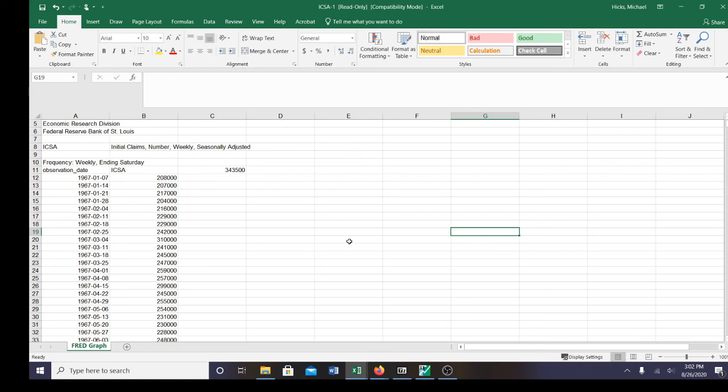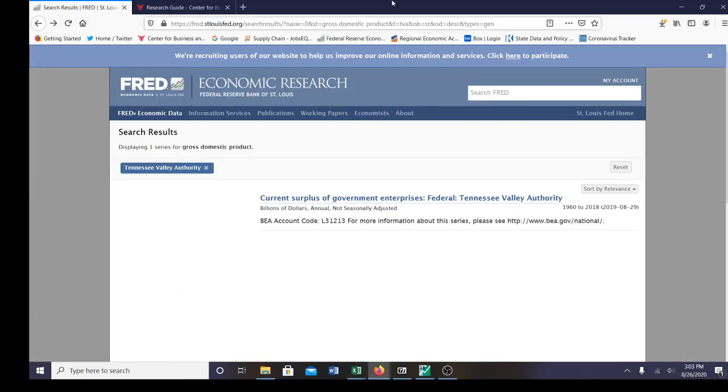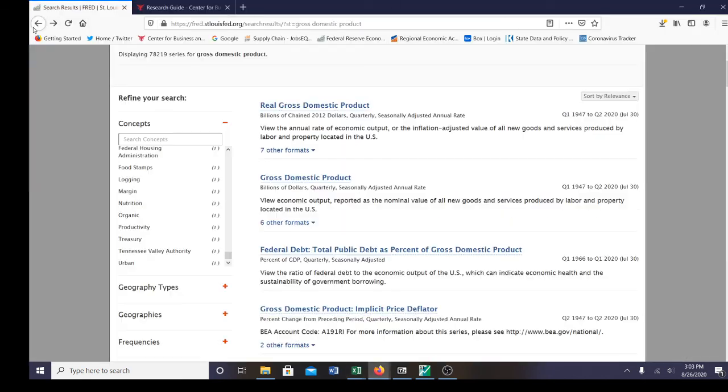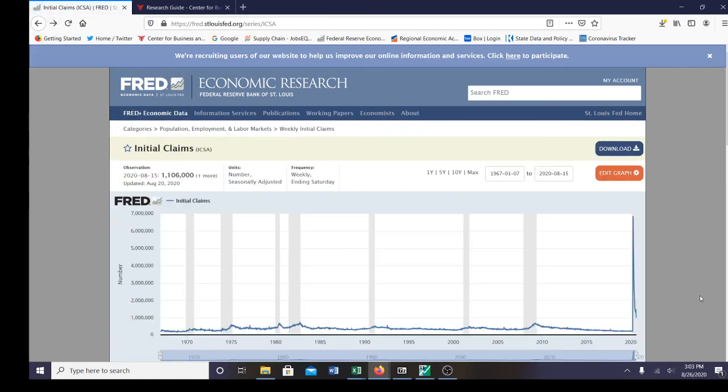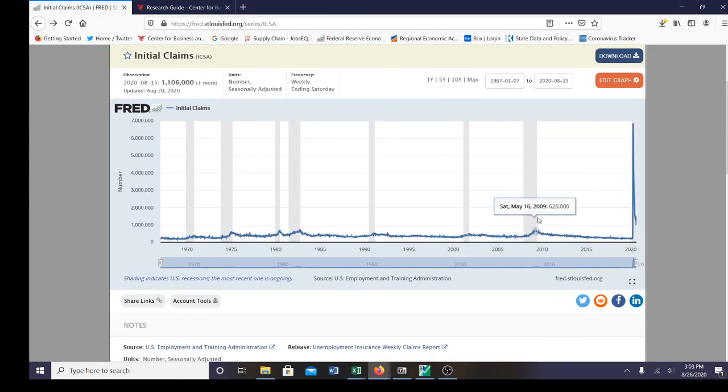Some of them are graphical, as the website illustrated before. And the website graph for the FRED data set, let's go back to it, initial claims, right? It's a very straightforward line graph with recessions marking it.